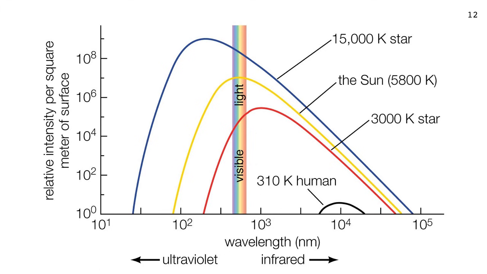Square meter for square meter, the more temperature you have, the more intensity you have, the more light that you produce. And on the bottom is the wavelength of the light. Ultraviolet is to the left, infrared is to the right, and right down there in the middle, see that rainbow area? That's the ROYGBIV visible light.